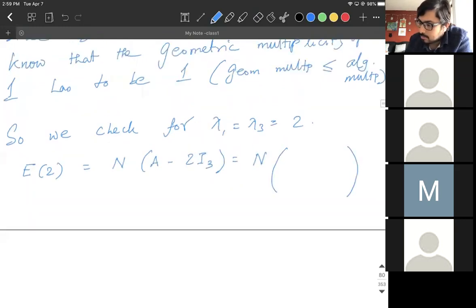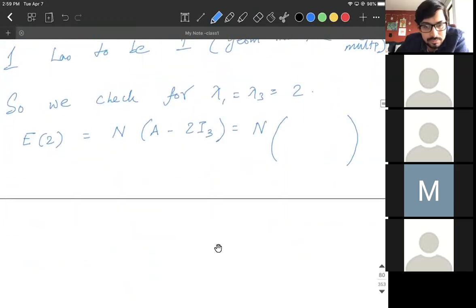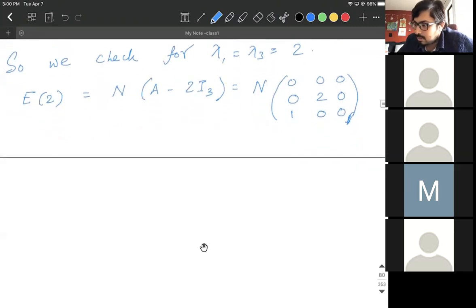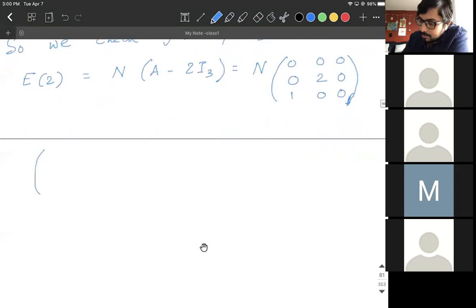which is fairly simple. So A has entries [2, 0, 0; 0, 4, 0; 1, 0, 2]. So if you subtract 2 from the diagonal elements, you are left with [0, 0, 0; 0, 2, 0; 1, 0, 0]. Okay, so what does this mean? It means that the corresponding solution is fairly simple.